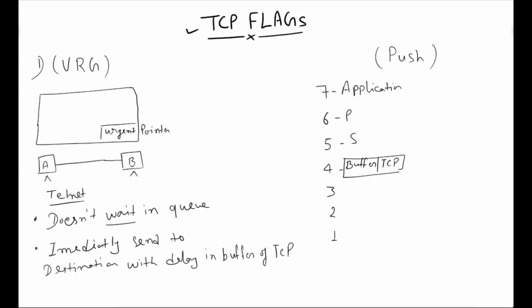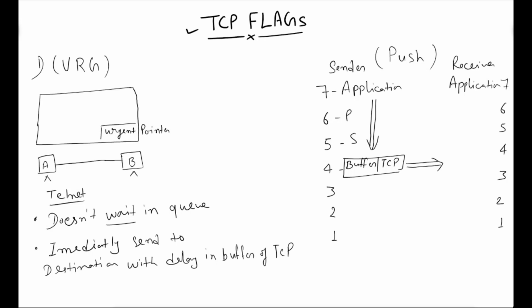Our data just came from the application layer and is held in the buffer of the TCP. Once the buffer is full, the packet is sent to the receiver. This one is the sender, this one is the receiver. This one is also the application layer of the receiver, layer 7, 6, 5, 4, 3, 2 and 1.